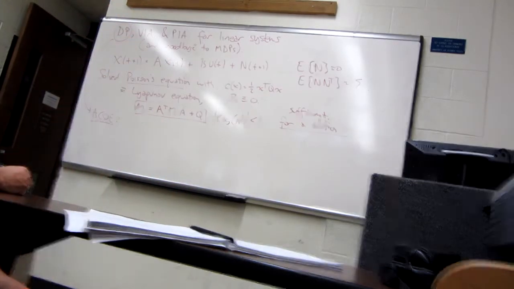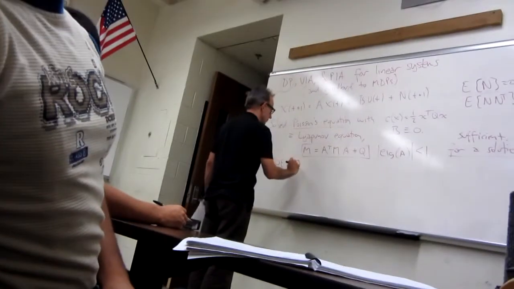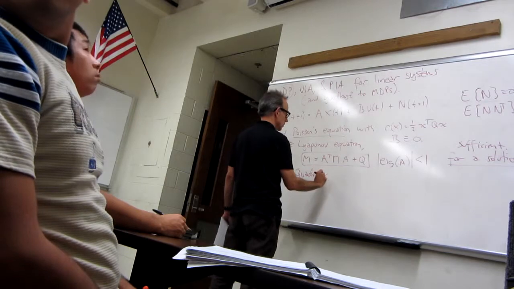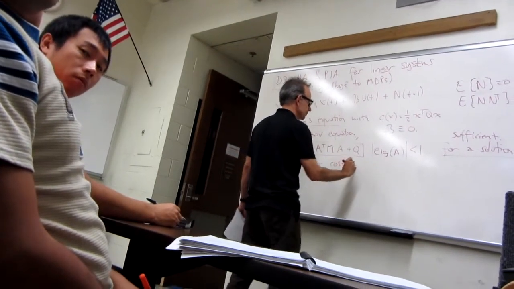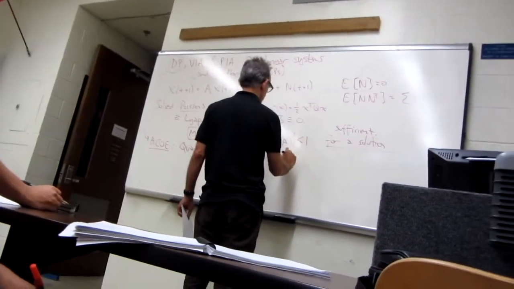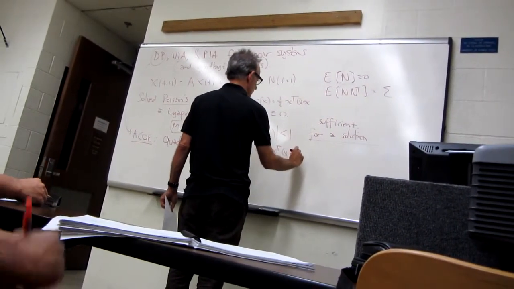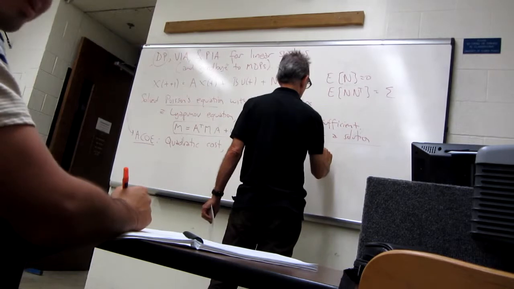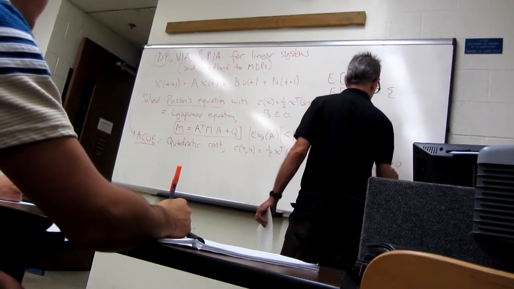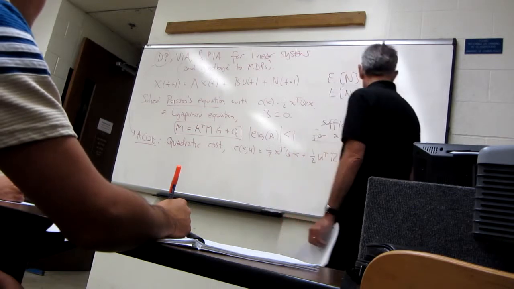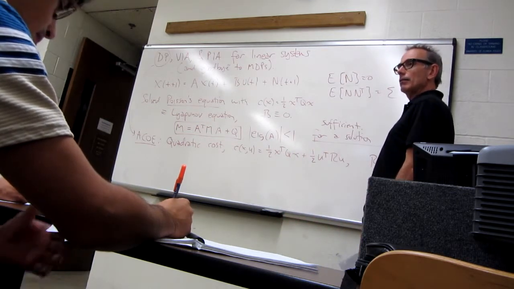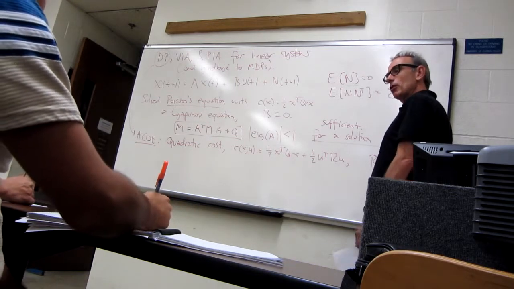So we have quadratic cost, where R is positive definite, Q is positive semi-definite, and if you don't know what that means, go look it up.